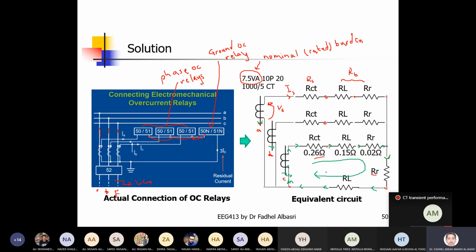Okay, so this is the loop. So in that loop, the burden, this Vs that you will calculate, should include what? RCT plus 2RL plus 2RR, right?